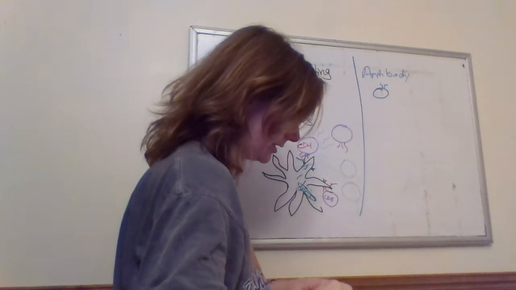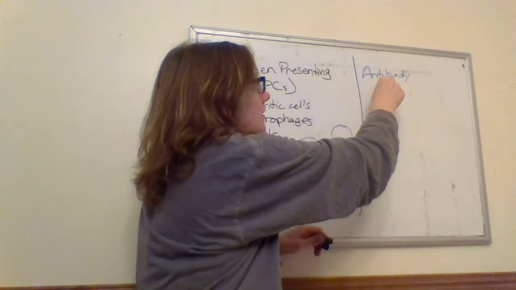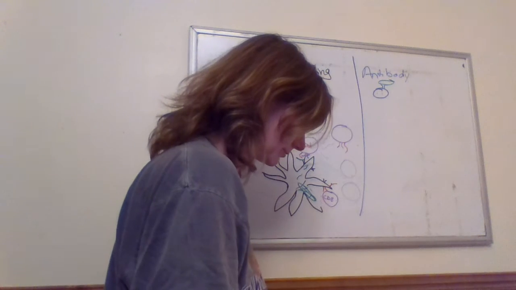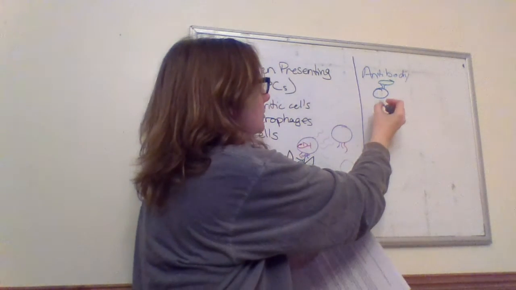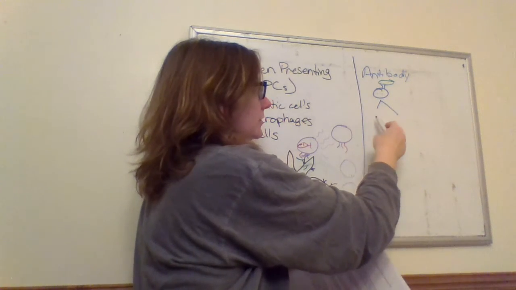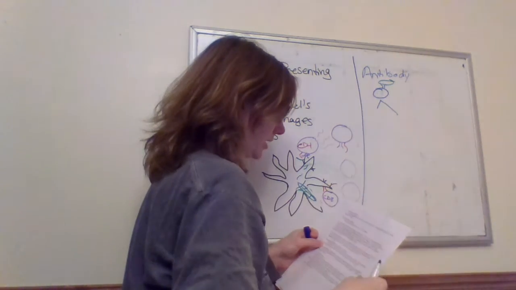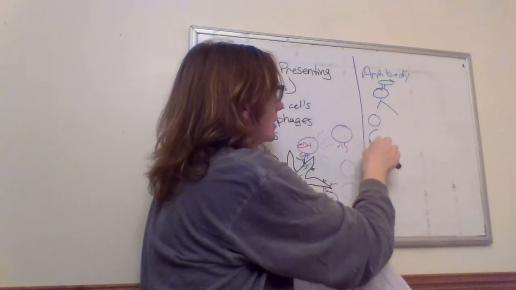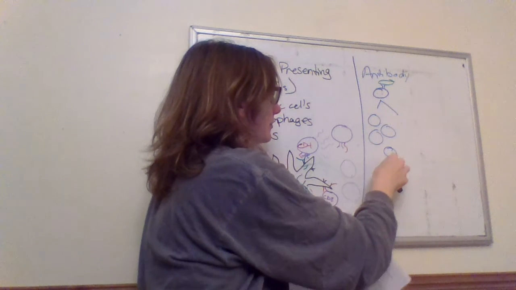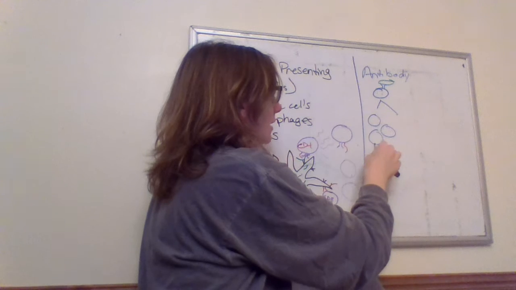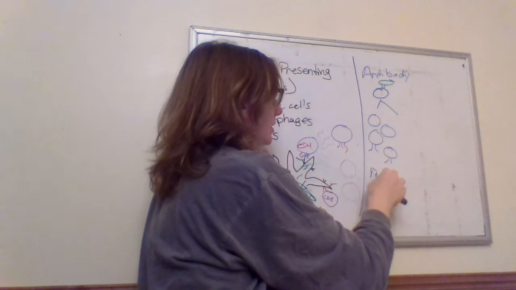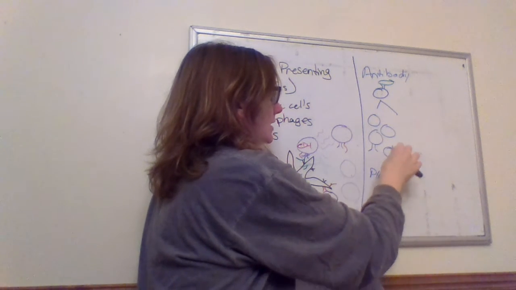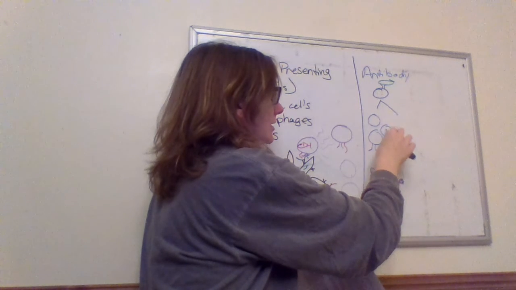And when we have something that fits on that receptor site, a bacteria or something, it will also undergo making clones of itself. And when a B cell is activated, it will make plasma cells. And what these plasma cells do, so here's plasma, is they're basically antibody factories.